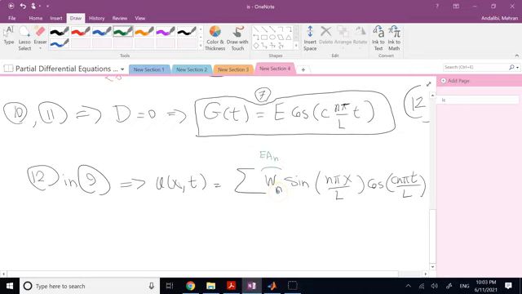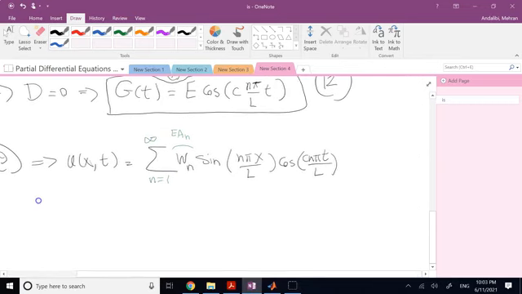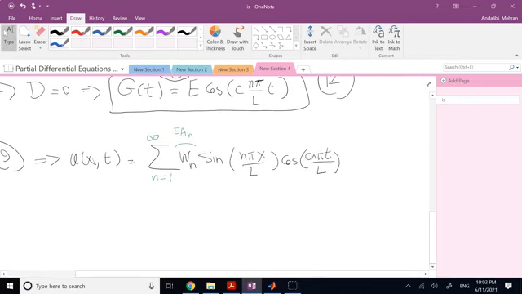That's just a coefficient, depends on n. And this n here goes from 1 to infinity.